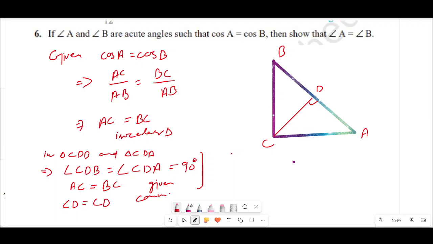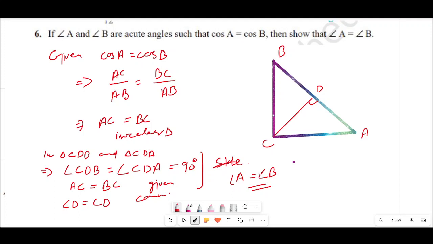Clear? So if two sides are equal, and that is common, we can say that angle A equal to angle B. We can say that angle A equal to angle B. Clear?